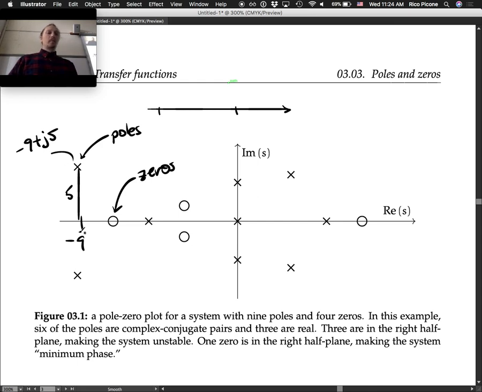Then there's a pole that has to match up with that at -9 minus j5. Okay? They always show up that way. And this is a consequence of the fact that we have this polynomial representation in the numerator and the denominator. If you have real coefficients, if you have a complex pole or zero, it always shows up as a conjugate pair. So there's symmetry about the real axis. It's an important thing to remember.